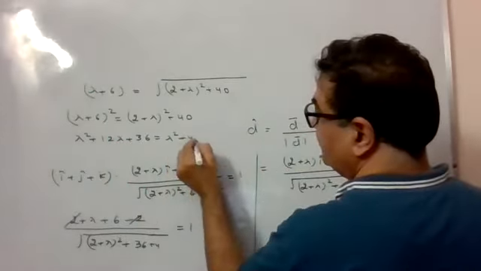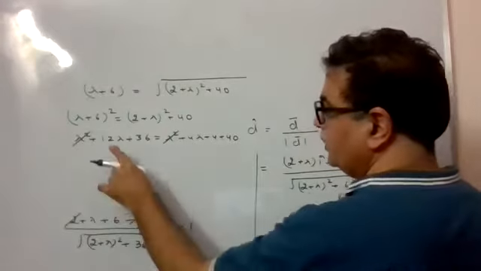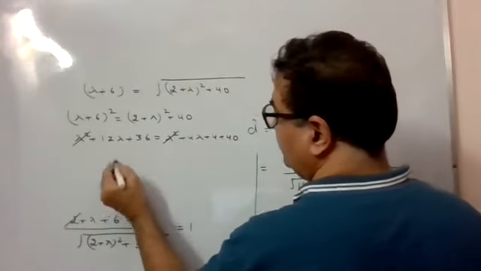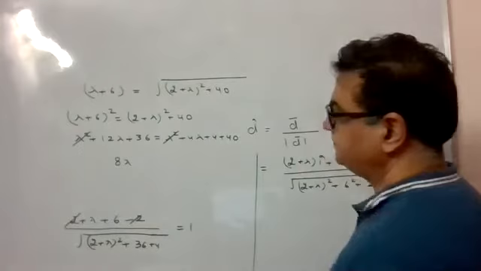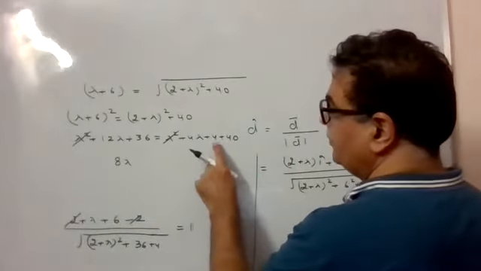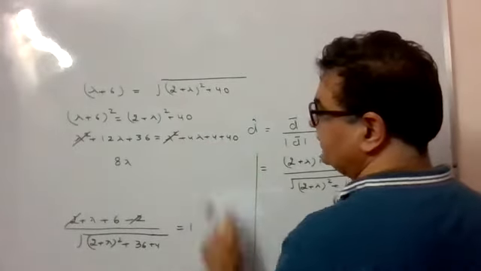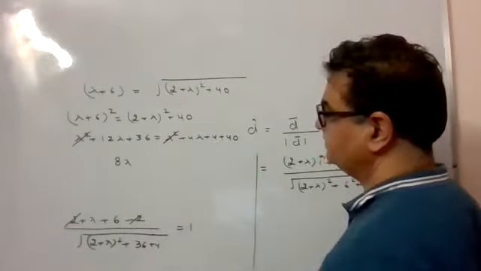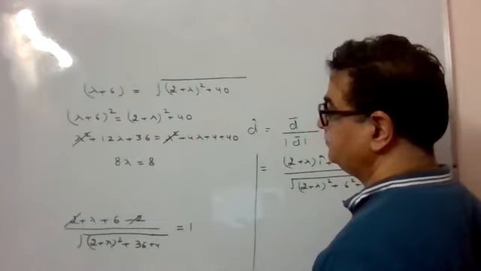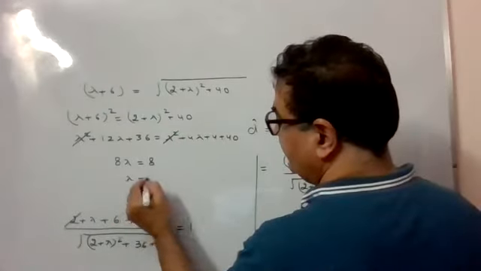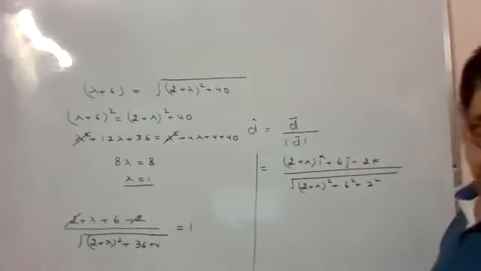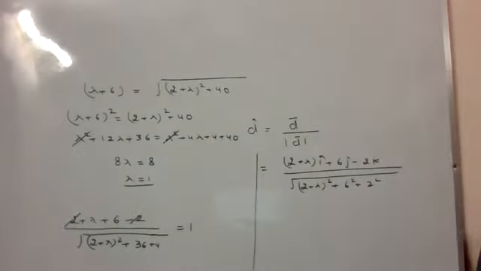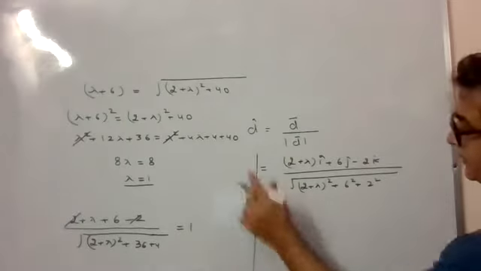Then lambda square gone. 12 lambda minus 4 lambda, it will come out to be 8 lambda. Here it will be 44 minus 36. So what is left? 8. So lambda clearly comes out to be 1. And if lambda is coming 1, what are they asking? d cap.